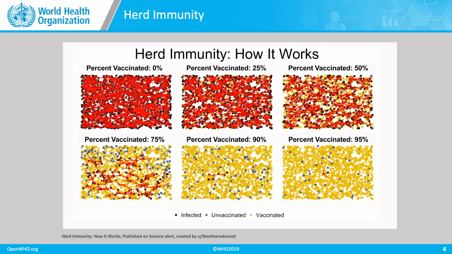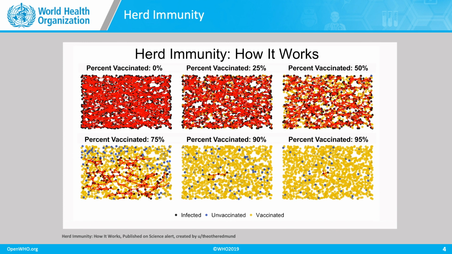It cannot spread because it encounters too many vaccinated individuals, and so the majority of the population, even the unvaccinated people, are protected. As mentioned earlier, OPV has a unique ability to build individual and passive immunity, helping us reach herd immunity and interrupting transmission of any poliovirus.